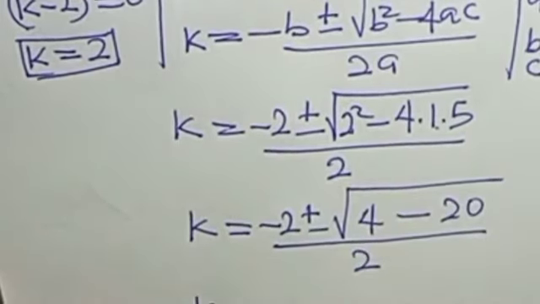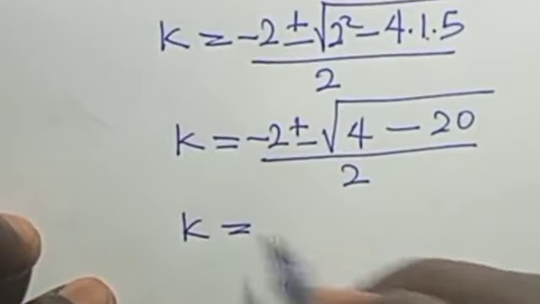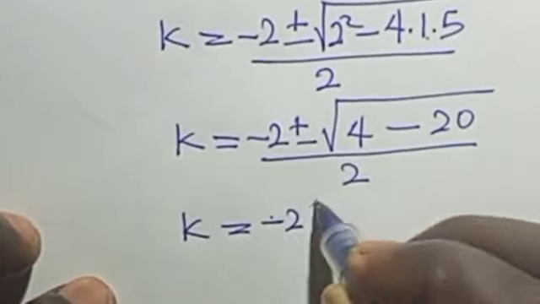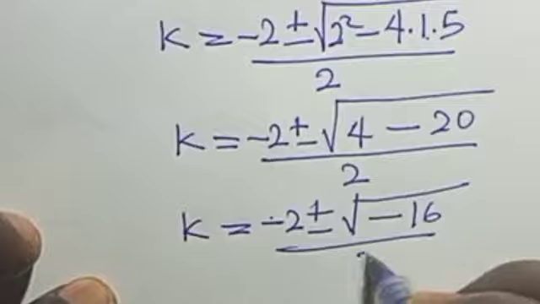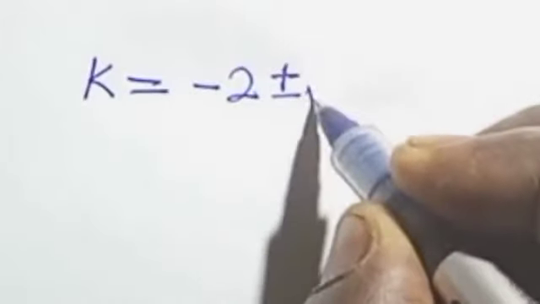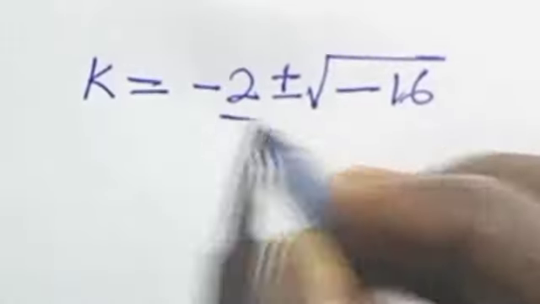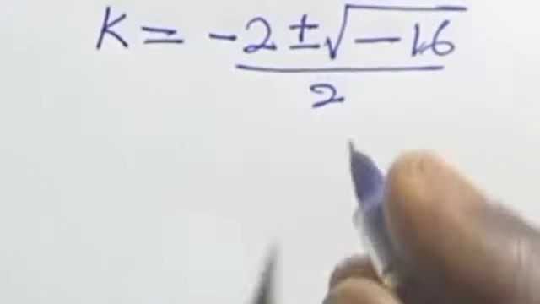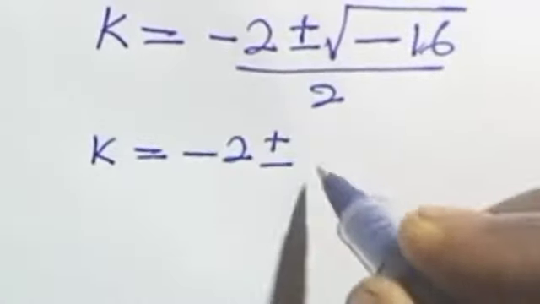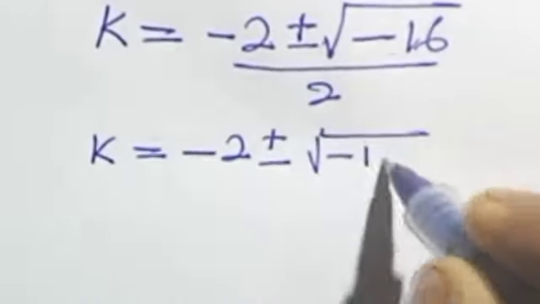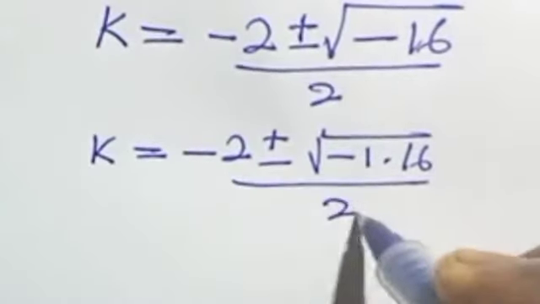So our k will be equal to minus 2 plus or minus square root of minus 16 over 2. So the next line will be k equals minus 2 plus or minus square root of minus 1 times 16 all over 2.